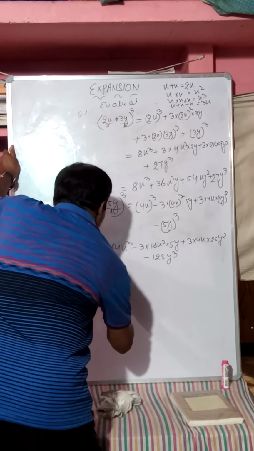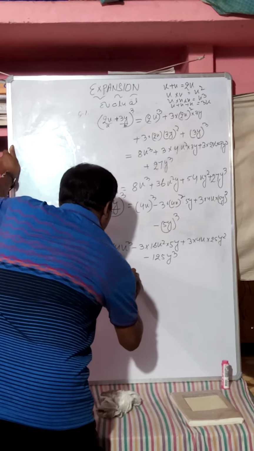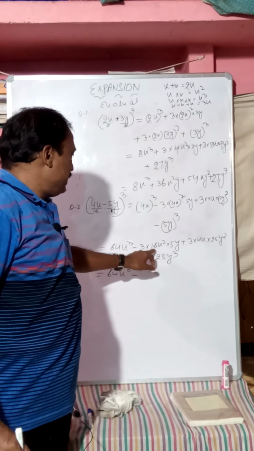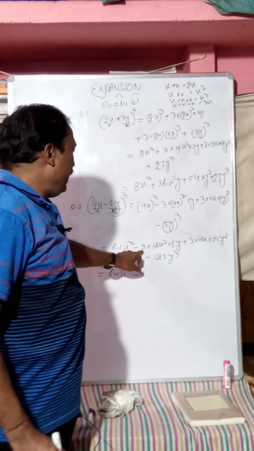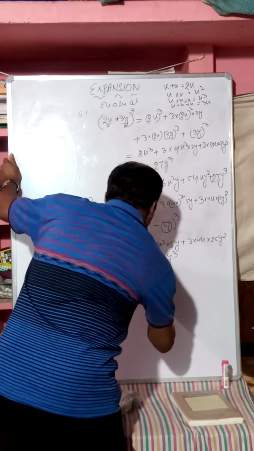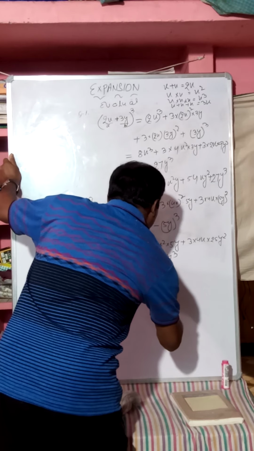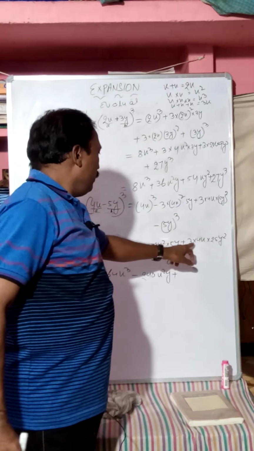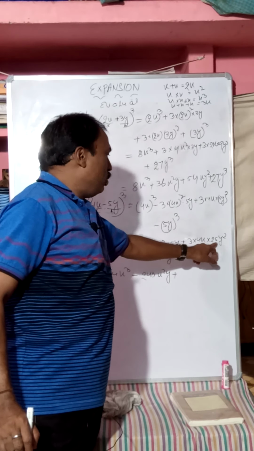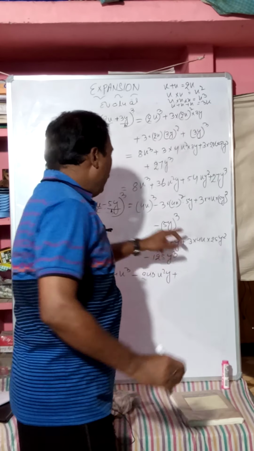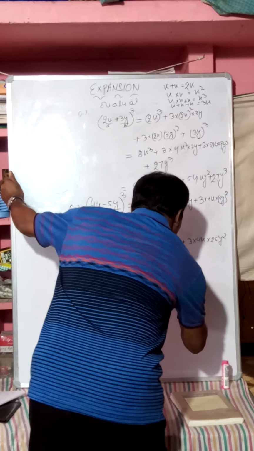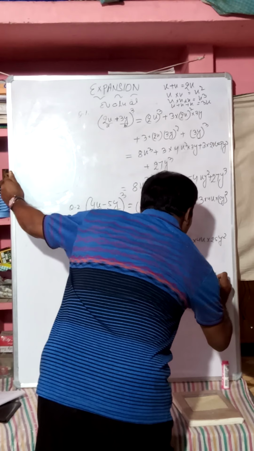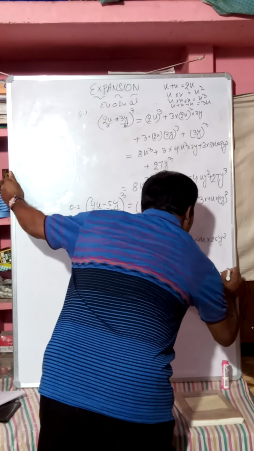Then again 64 x cube minus 16 into 3 into 5: 16 into 5 is 80, 80 into 3 is 240 x square y, plus here 3 into 4 into 25: 25 into 4 is 100, 100 into 3 is 300 x y square, minus 125 y cube.